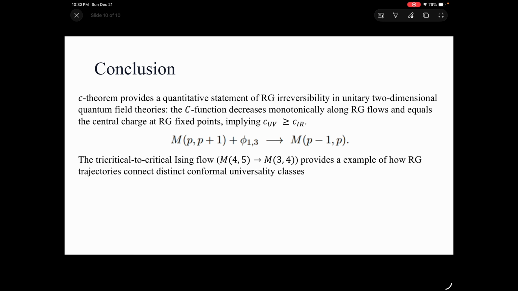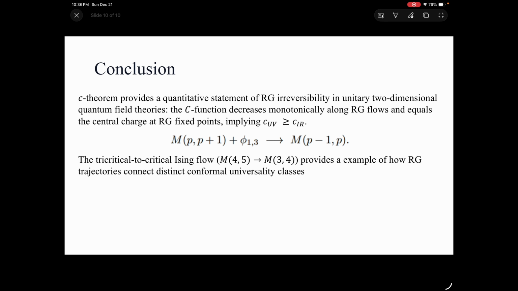Then we introduced the scaling dimension and central charge for the minimal model. It can be calculated by the Kac formula. Because the 2D fixed point is scale invariant, we know it is under conformal symmetry. So we can use conformal field theory language to analyze it.